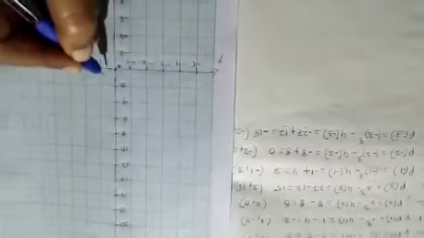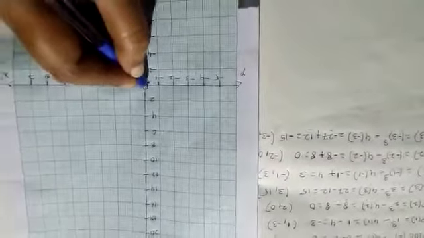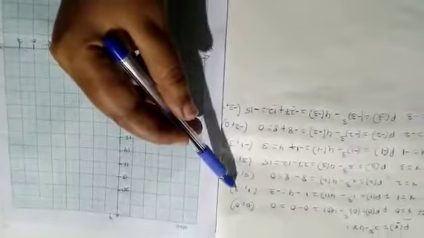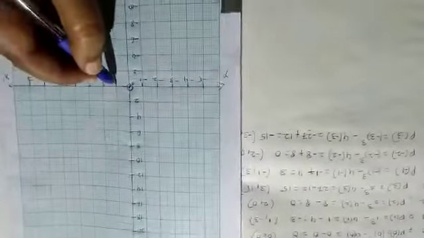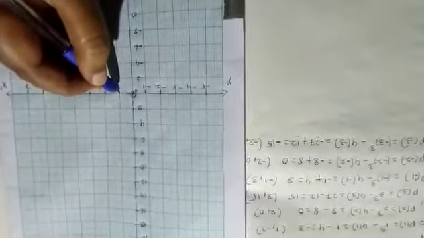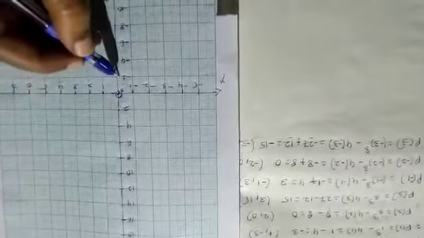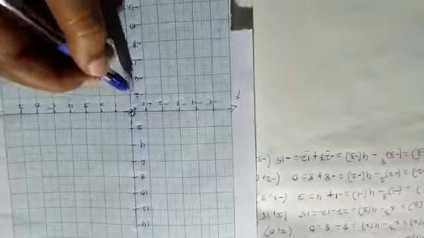So let's plot the graph. First point is 0 comma 0. This point is 0 comma 0. Next point 1 comma minus 3. On the x-axis 1, y-axis minus 3. So this is minus 2, minus 4.